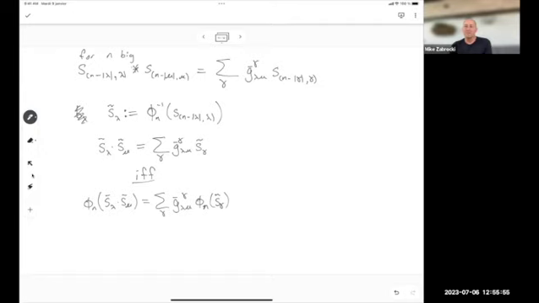Well, now why would we see the right structure coefficients? Well, because phi n of a product of symmetric functions is phi n of S lambda tilde times phi n of S mu tilde. These are equal.